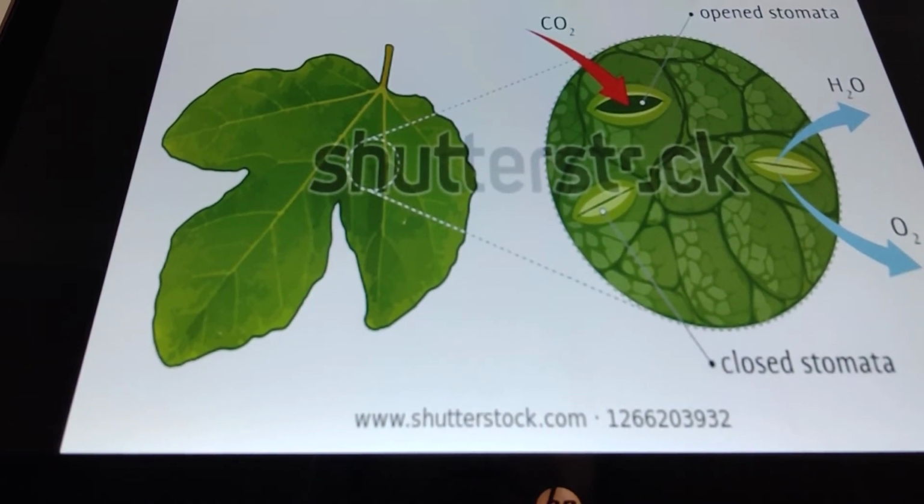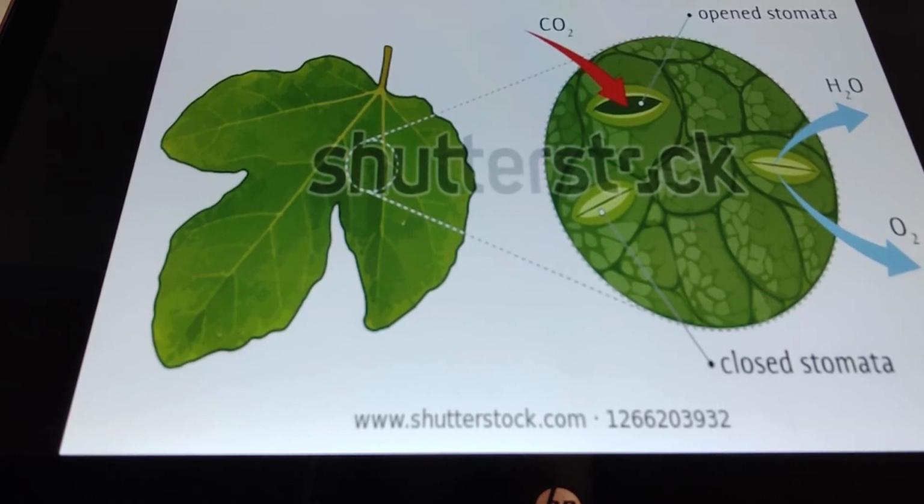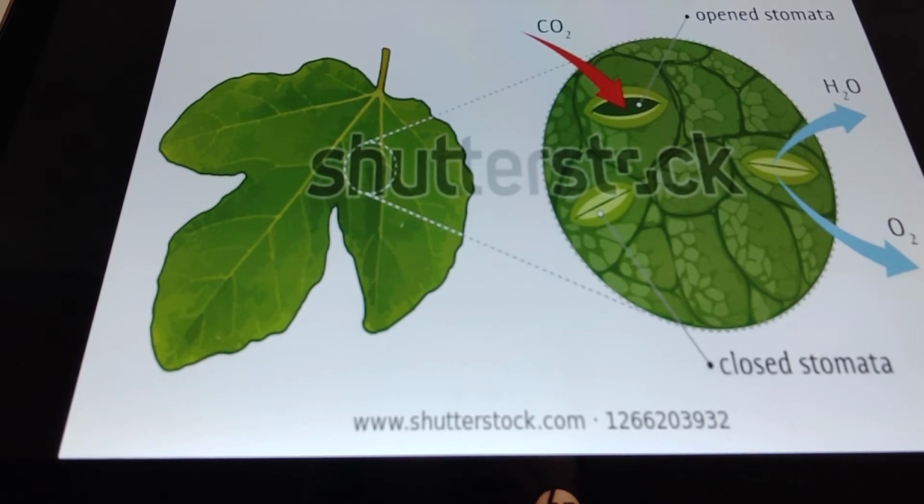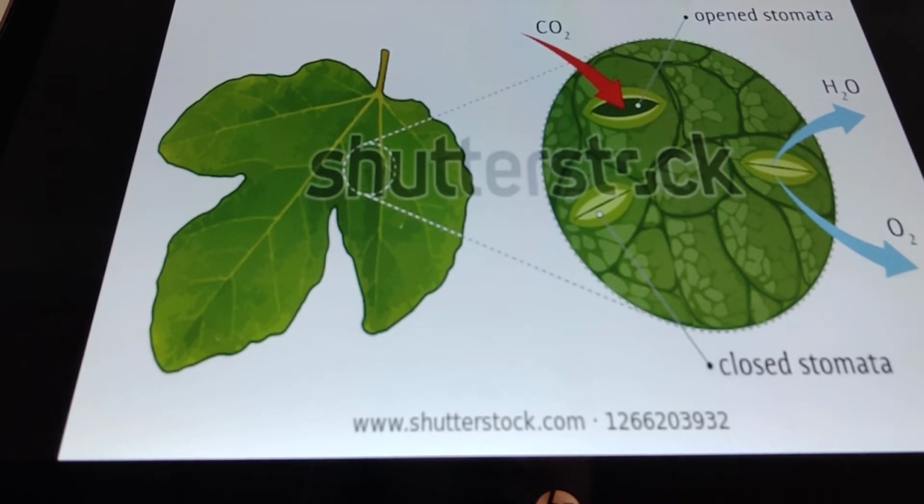The second function of stomata is transpiration. What is transpiration? Transpiration means loss of water. Loss of water can also take place through stomata, because these stomata are present on the leaves. So these are the two important functions of stomata.